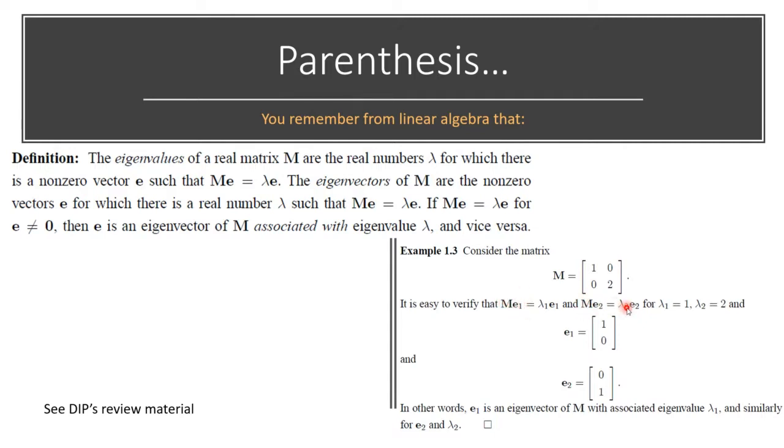And you have another eigenvalue and eigenvector representing the same matrix: lambda 2 equal to 2, and the eigenvector E2, that's 0, 1. You multiply M by E2, and then multiply lambda 2 by E2, and you get the same value. So in other words, E1 is an eigenvector of M associated to the eigenvalue lambda 1, and E2 is an eigenvector of M associated to the eigenvalue lambda 2.